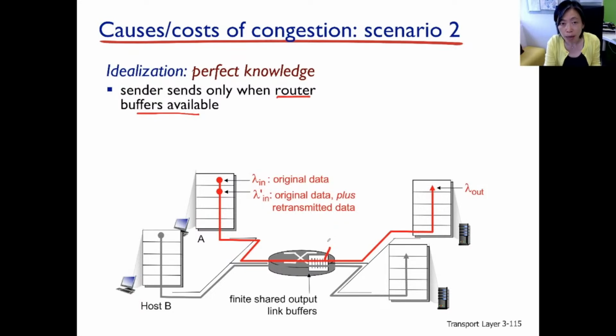This is when the sender has perfect knowledge of the routers in the middle of the internet. In this case, there's no need for retransmission either, so lambda in prime is essentially the same as lambda in, and lambda in is essentially lambda out. So you see the same curve: we could have lambda in increasing, and we get the same lambda out up to the capacity of the link.